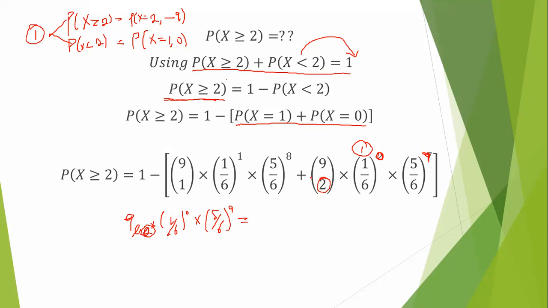Because the value should not be greater than 1, because it's a probability value.